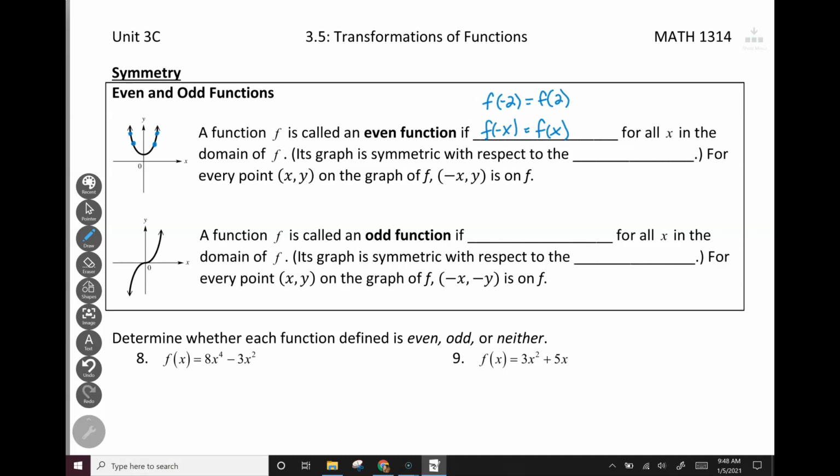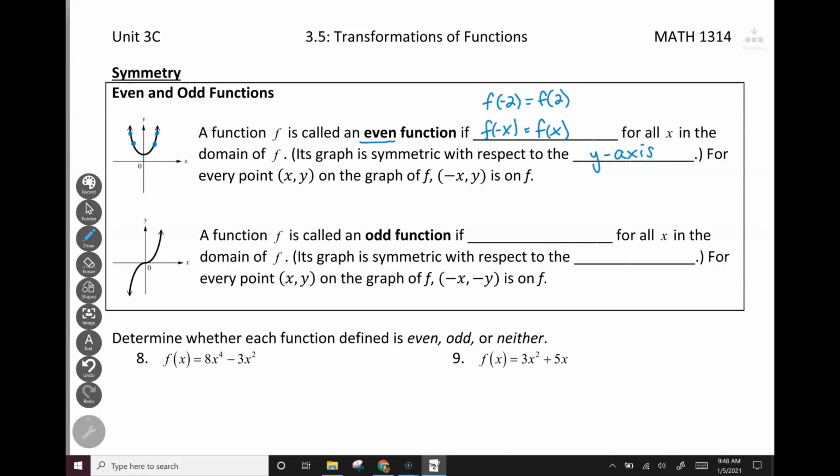So its graph is symmetric with respect to the y-axis. And then for every point x, y on the graph, you're going to have -x, y also on the graph. So same y values, but the x values have opposite signs. And that is an even graph. So if it's symmetric across the y-axis, that is even.